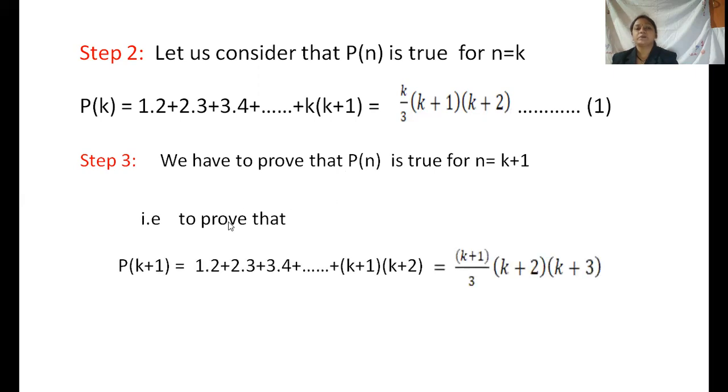P of k + 1: 1 × 2 + 2 × 3 + 3 × 4 + ... up to (k + 1)(k + 2) is equal to (k + 1)(k + 2)(k + 3) upon 3.